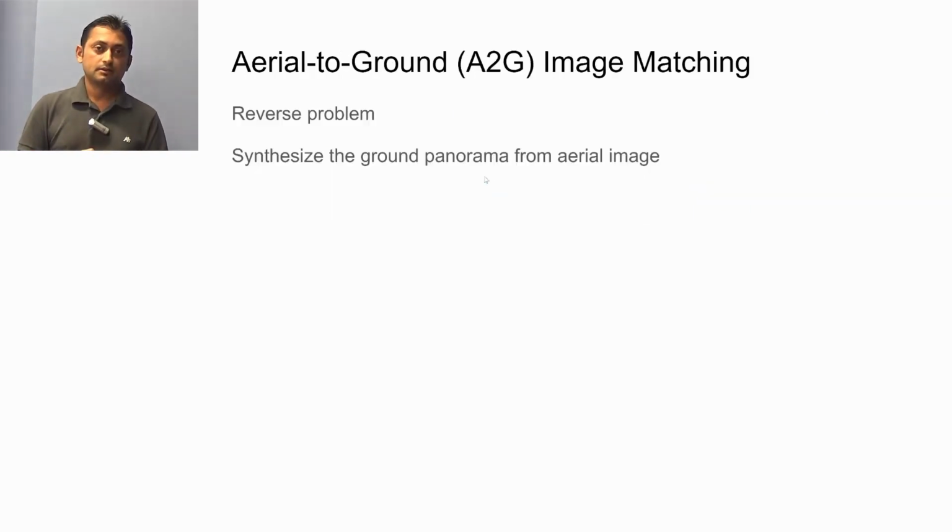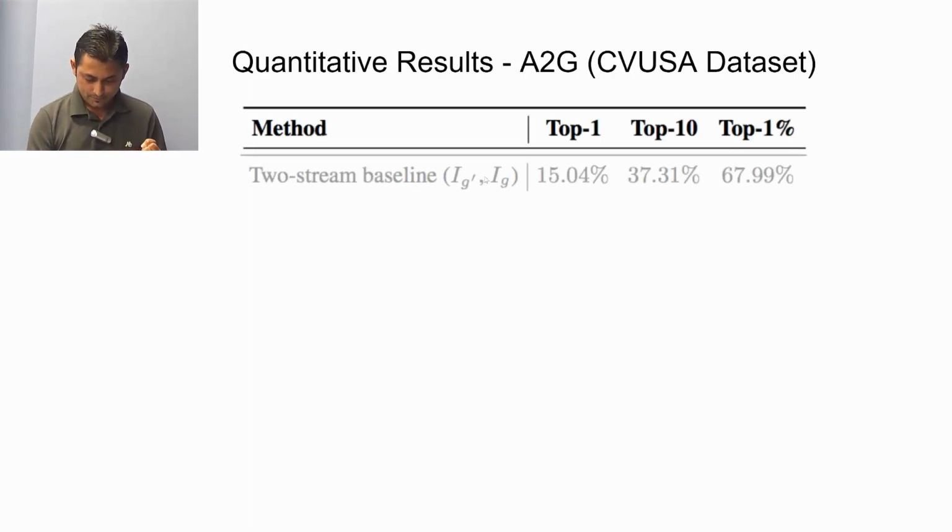We also studied the problem in the reverse direction. We did the aerial to ground matching, where the aerial image is the query, and we first synthesized the ground image from the aerial query and tried to use our method to do the aerial to ground retrieval. So here are some of the results. Using the two-stream baseline with ground image and the synthesized ground from aerial, we get these numbers.